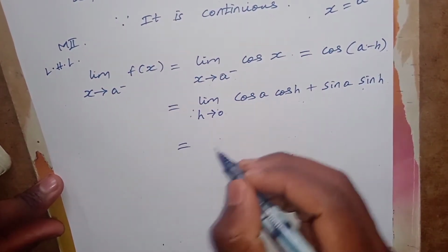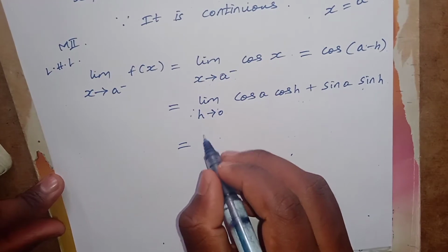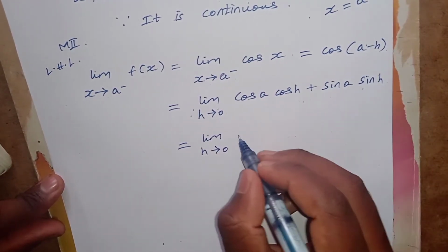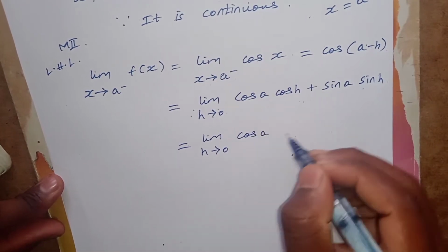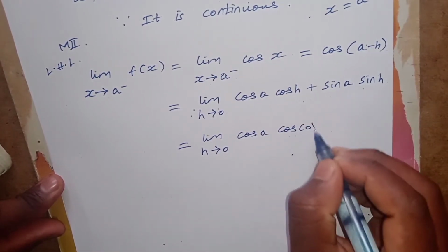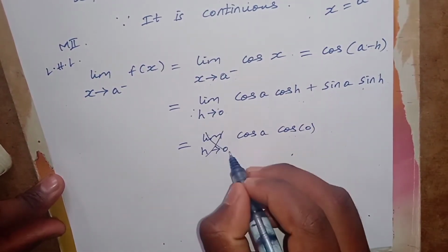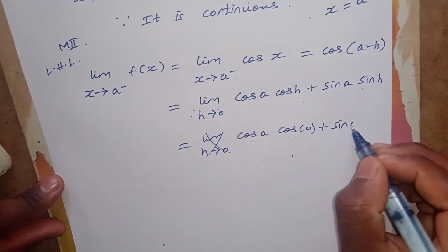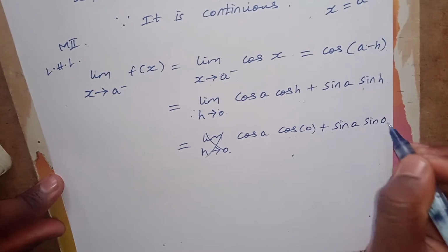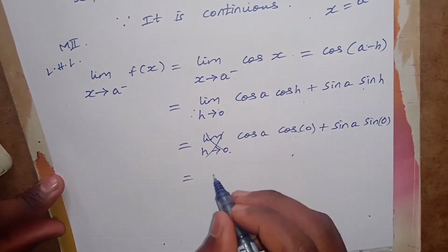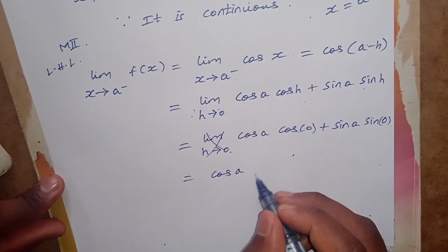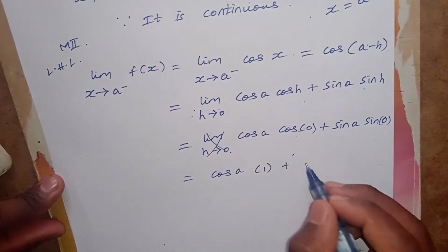Limit h tends to 0, therefore cos a, here cos 0. While applying the limit you should not put the limit here, therefore sin a sin 0, cos 0 is 1.